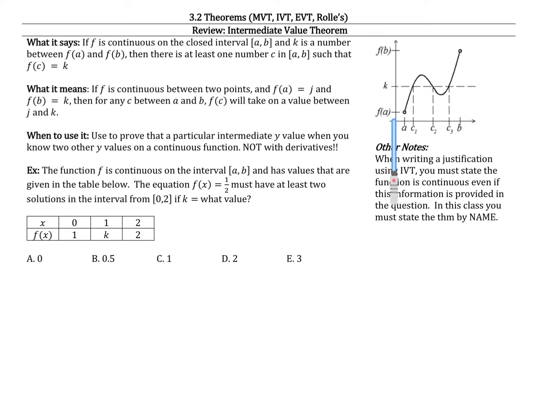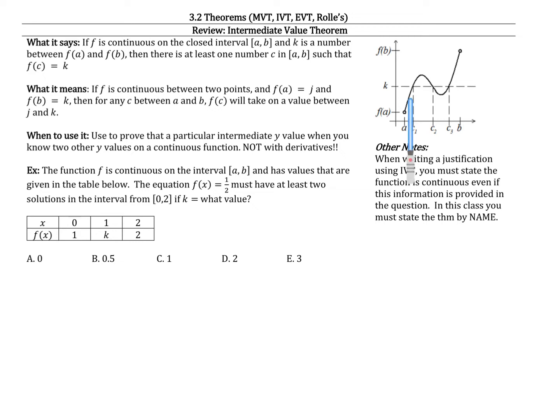So what this means logistically is if I have a closed interval, then every single y value is taken on somewhere between f of a and f of b. So if f is continuous between 2 points, then every single output is covered, right?